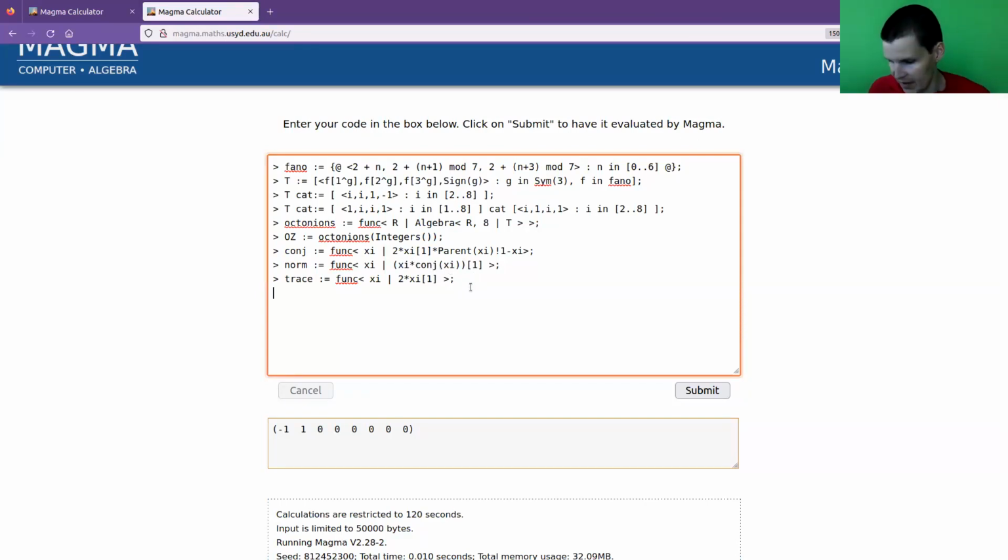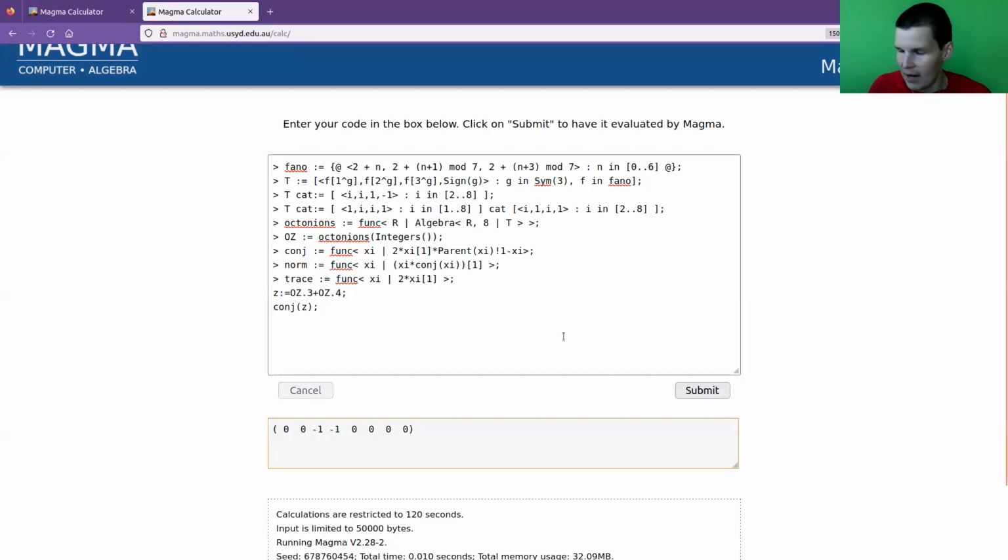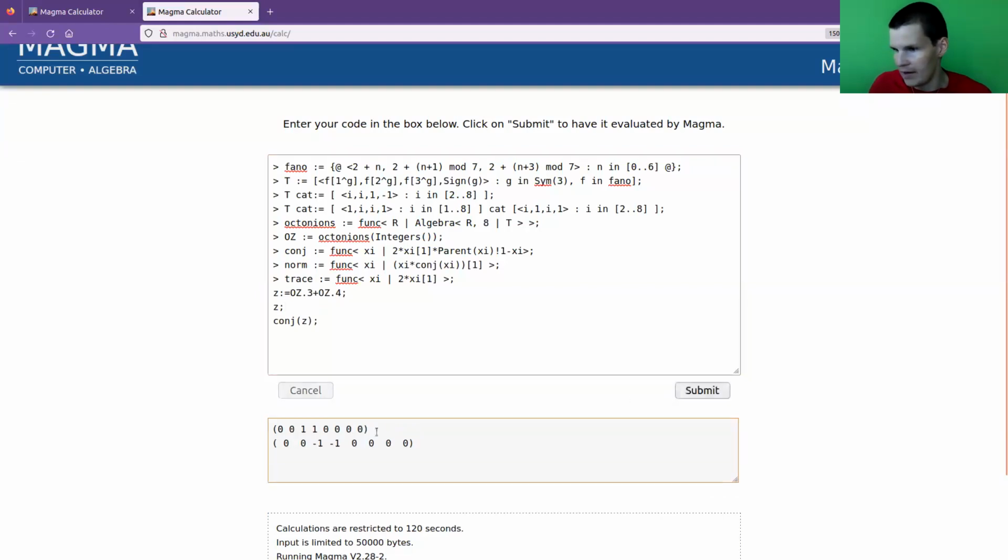We can define Z again as OZ3 plus OZ4, something like that, and try the conjugate of Z. Let's see what happens. Maybe I should display Z itself. It just puts a negative sign in front of everything that is not the identity.